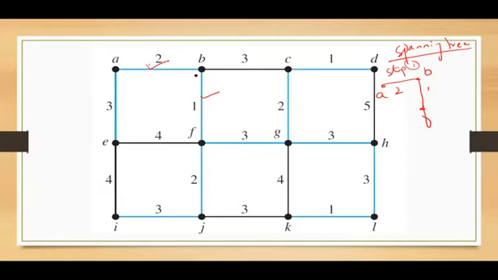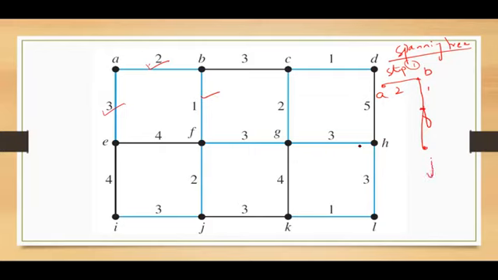Now AB is connected to AE, and BF is again connected to EF, FG and BC. So next I will select the edge FJ. BF was also connected to FJ. So I am selecting the edge FJ.